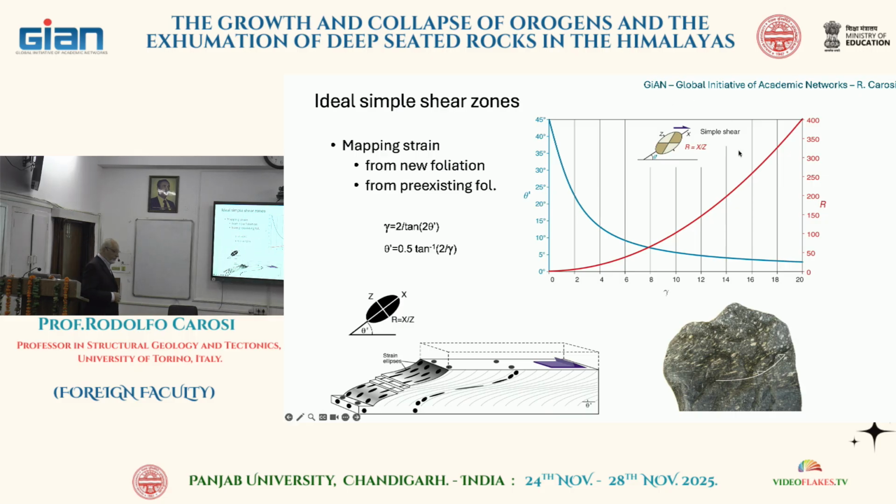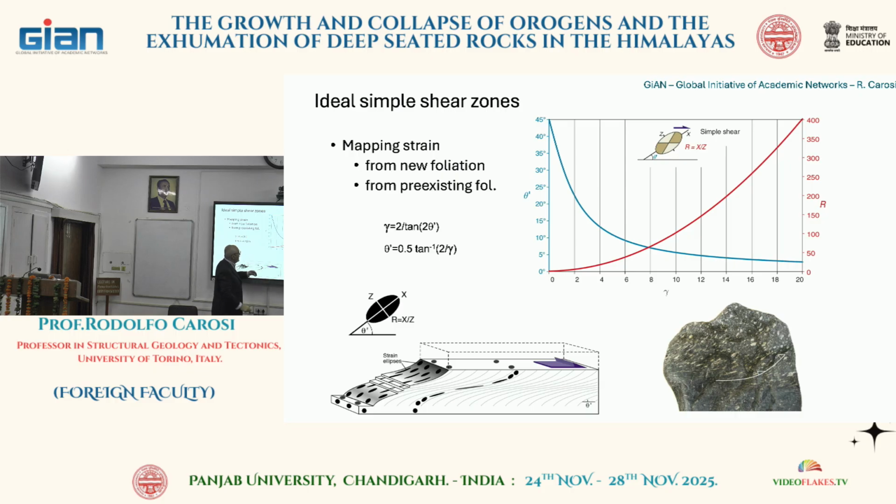Okay, in this picture, you can see the development of the fabric in the shear zone with the kind of rocks. So, in this graph, you have the gamma, the shear strain, but you know very well what the shear strain is. Now, the angle theta prime, the angle of the x-axis of the strain ellipsoid with respect to the shear zone.